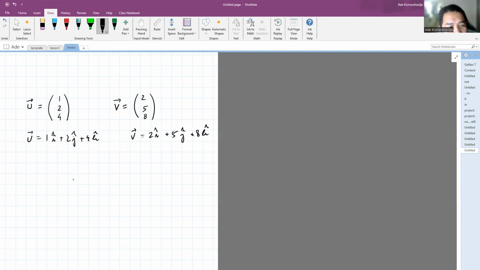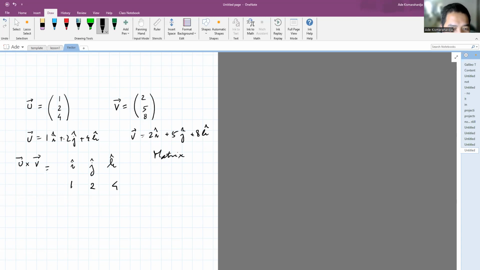So when I do the cross product u cross v, first I will create a so-called matrix. A matrix is just some arrangement of numbers or objects. In this case, the top row is the unit vectors i, j, k. And the second row below it is the components of the first vector, which is 1, 2, and 4.